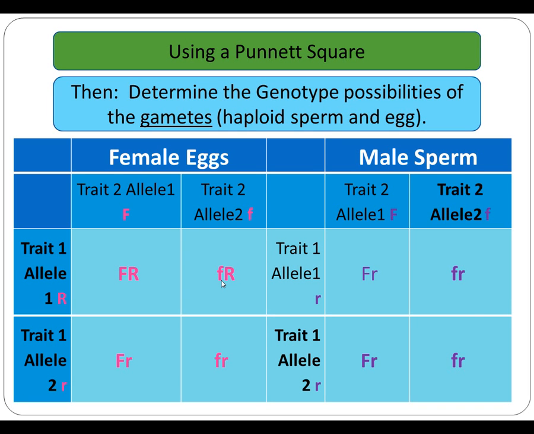It's like the homework, but just everything else. All we're doing is moving the potential egg combinations into one column and the potential sperm allele combinations across. And now, instead of just one trait, you're going to cross 2 traits.